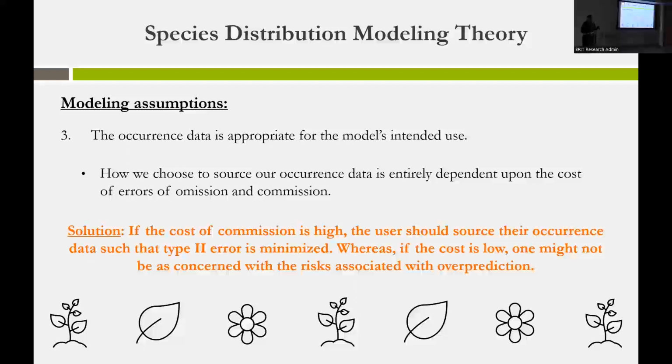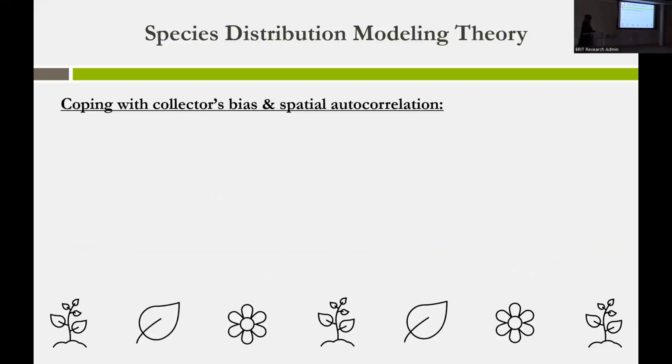So in that case, the cost is quite high. But if you're just trying to scout for new locations of undiscovered populations of species, maybe not so bad of a thing to have some overprediction going on, right? The cost is relatively low.